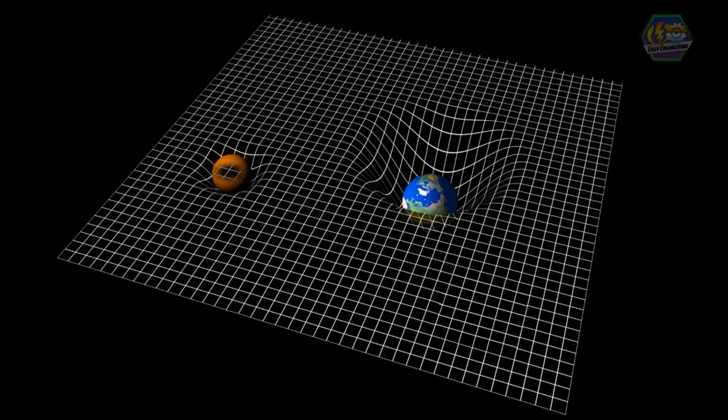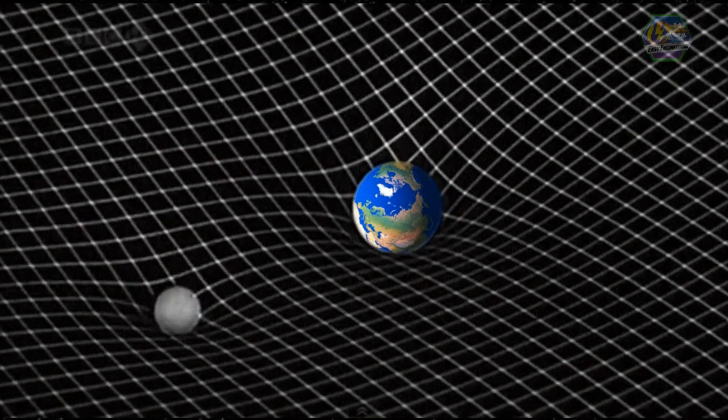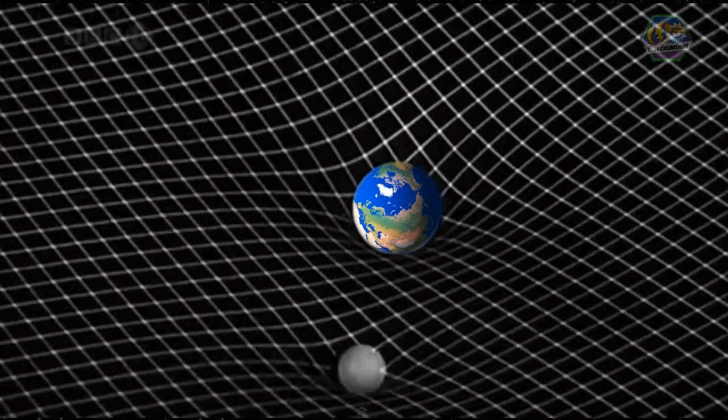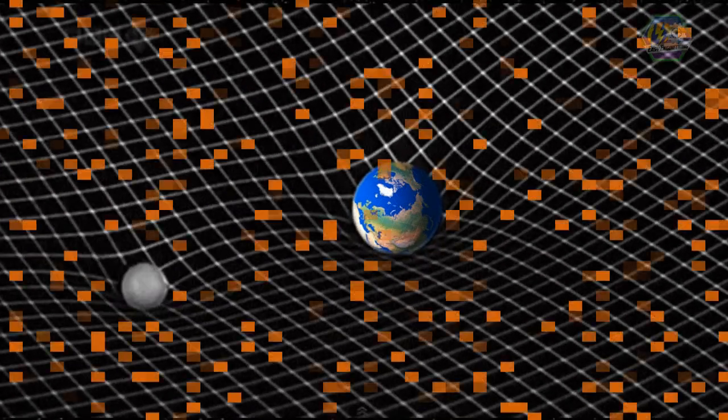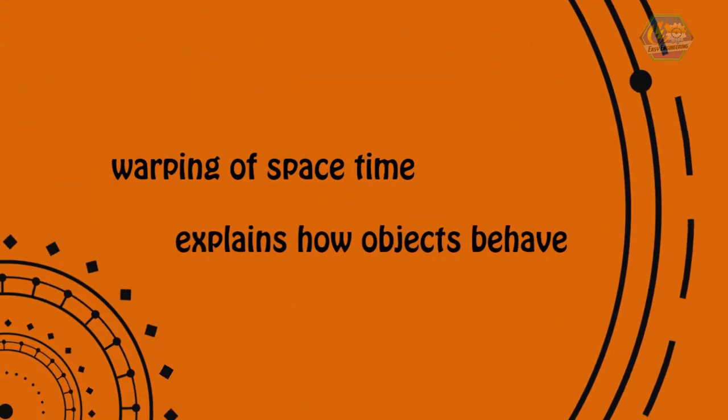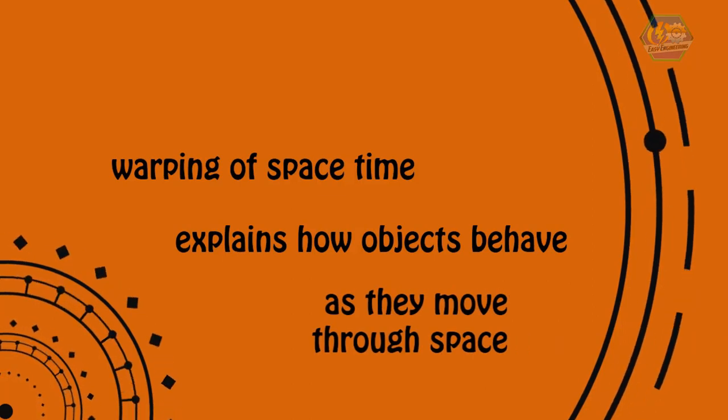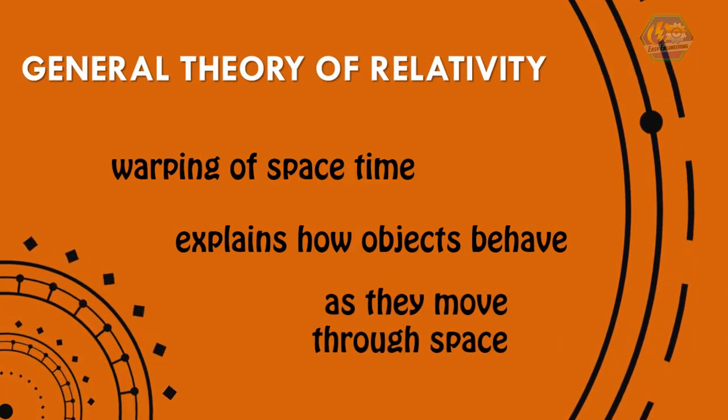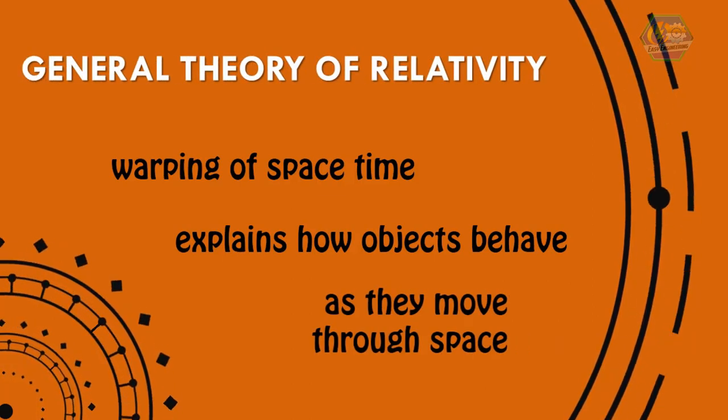You can see that the second planet causes another curve to the rectangle. This explains how objects experience gravitational attraction to each other. The warping of space-time explains how objects behave as they move through space, and this is the general theory of relativity. So that's all of it.